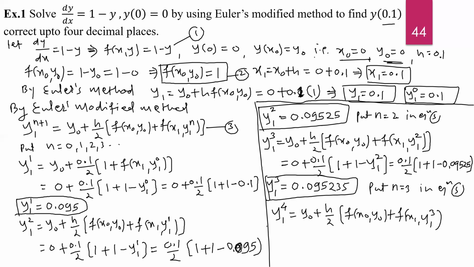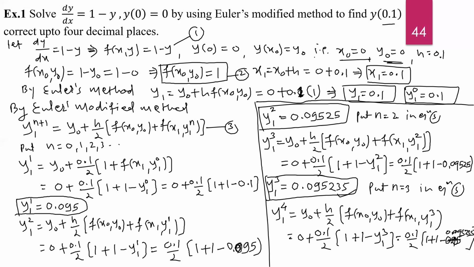Now put the values: y naught is 0, h is 0.1 divided by 2, the value of the function at x naught, y naught is 1, calculated from equation 2, plus the function 1 minus y, where y is y suffix 1 raised to 3, which is 0.095.